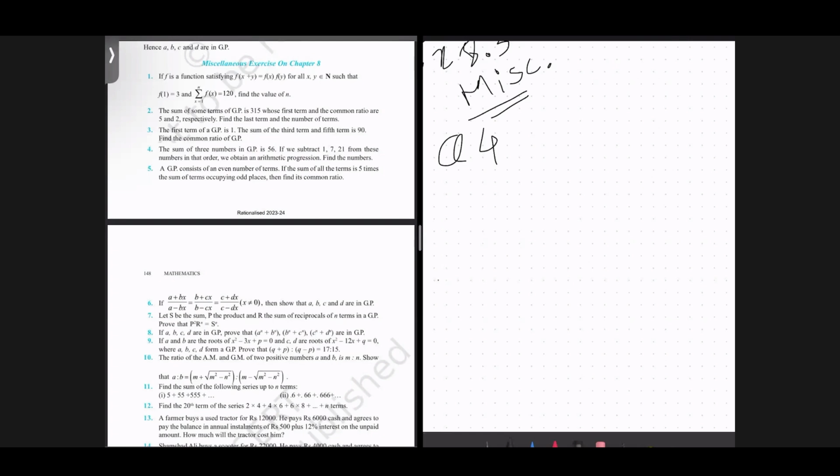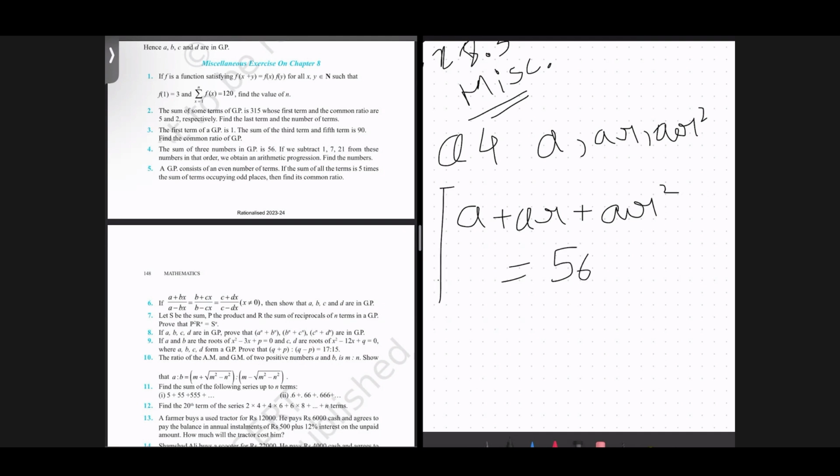So let's suppose these three numbers to be a, ar, and ar^2. So the summation of these three numbers is a + ar + ar^2 = 56. This is the first equation that we have.